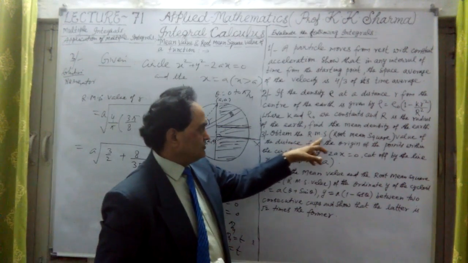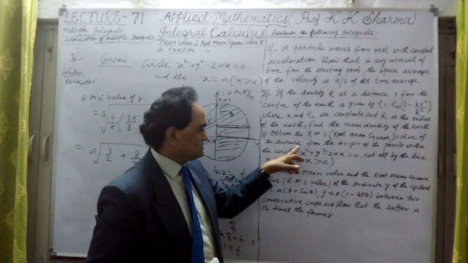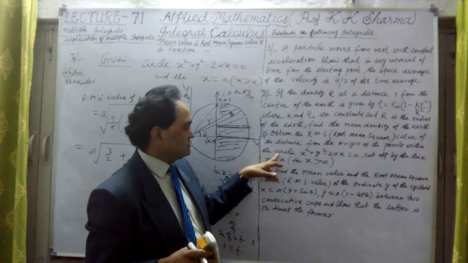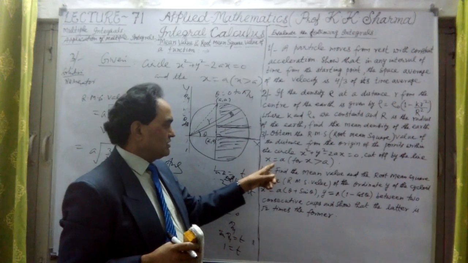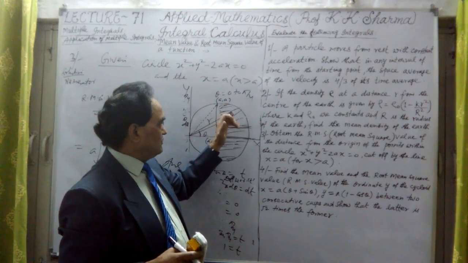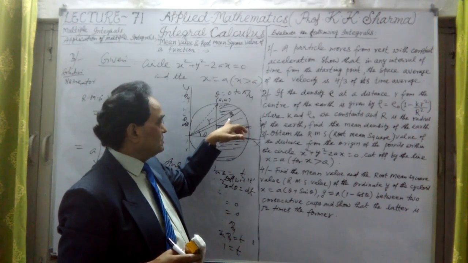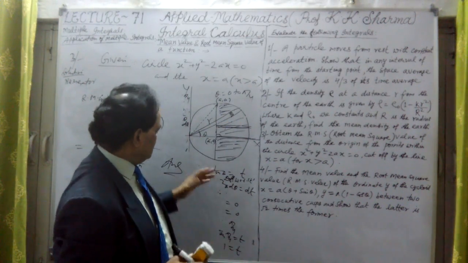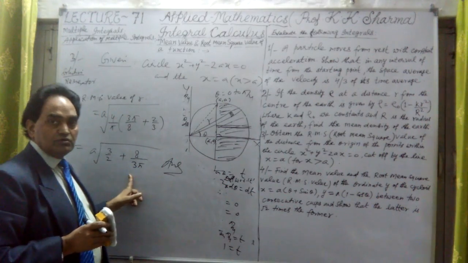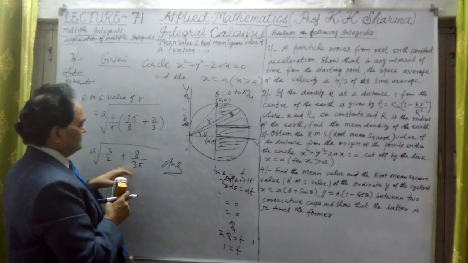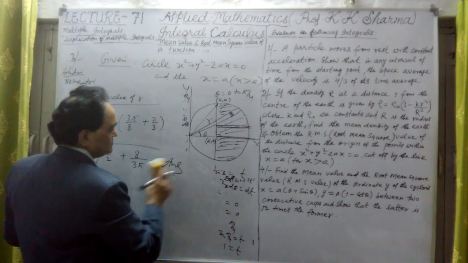We were to find the root mean square value of the distance from the origin of the points within the circle cut off by this line. In this quadrant, we have to find the distance of any point from the origin, R, which we have taken. This is equivalent to this value. This is the answer here: a times the root of 3 by 2 plus 8 upon 3 pi.